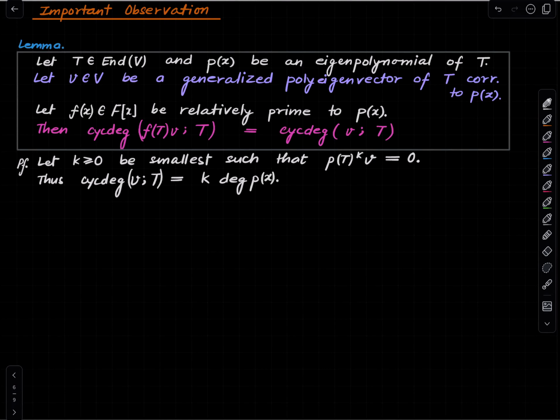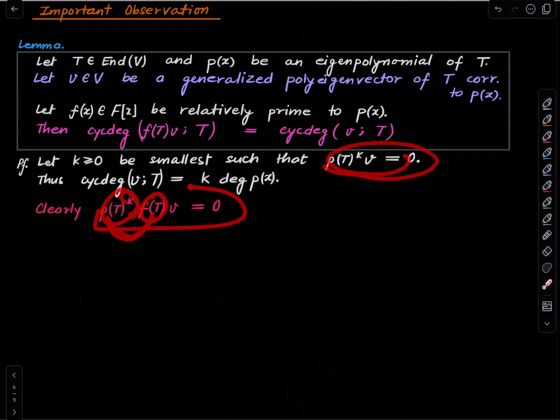Okay. So clearly, this is 0. Why is this 0? Because this is 0 and f(T) and p(T) to the k commute, if we just shuffle the positions of these two things, using this we see that this equality is indeed true. So we have that.